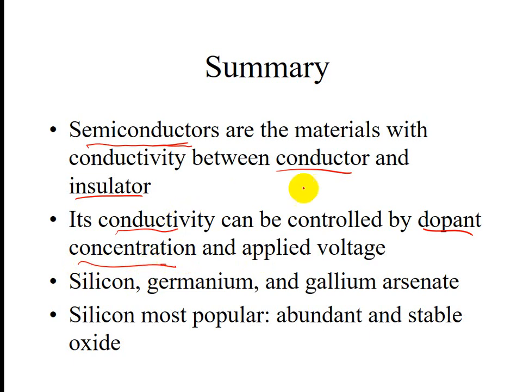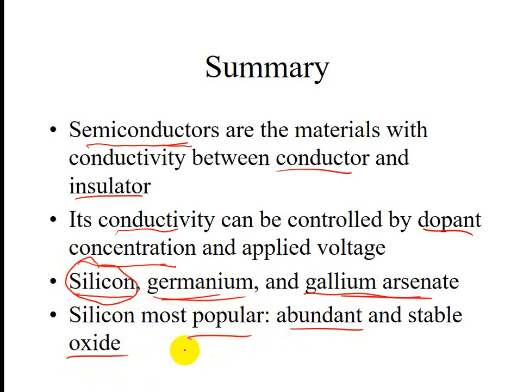Okay. The higher the dopant concentration, the better the conductivity. You can use silicon and germanium as a pure element substrate, or gallium arsenide for compound materials. Basically, silicon is the most popular one. It's abundant, it's stable, easy to form oxide, and the oxide is very good quality. Silicon dioxide.